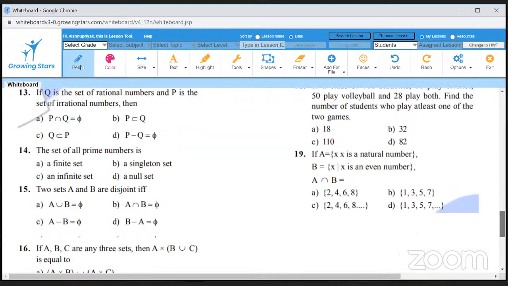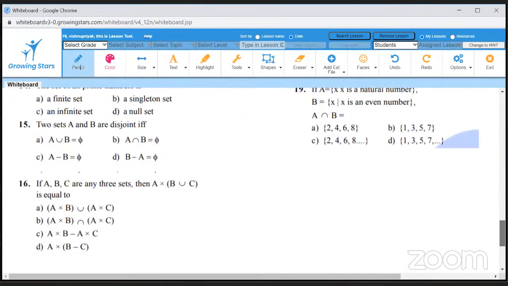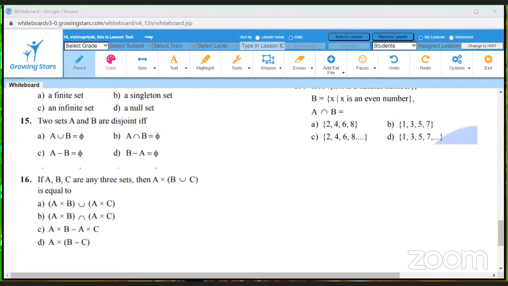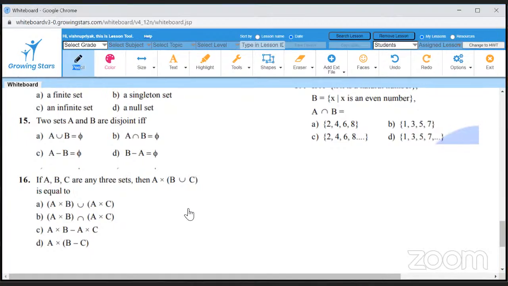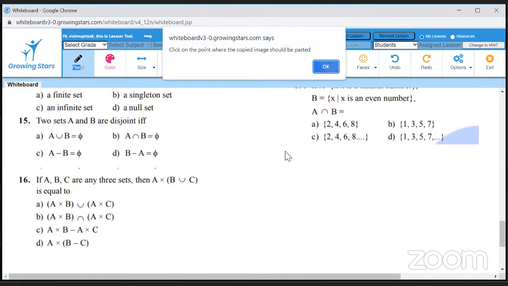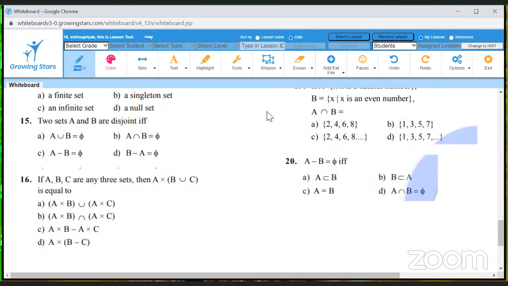From 12 to 20. I'm not giving many. Let us see how many of you will get correct. You only will be the teacher, you will be student, you only will correct. Okay. See you tomorrow then.